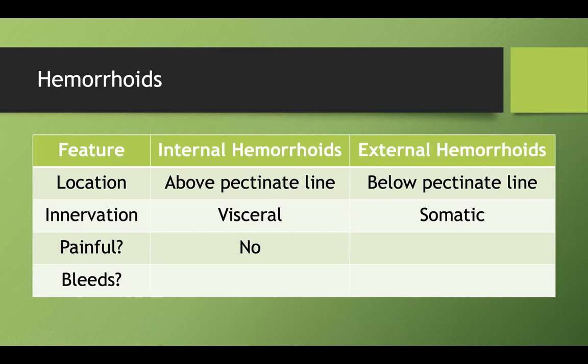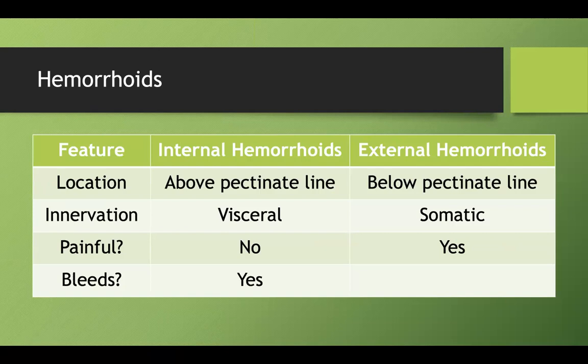You'll feel more of that broad diffuse pain. Whereas with somatic innervation, like if you pull a muscle in your body, you're going to have very sharp localizable pain. For that reason, an external hemorrhoid is often going to be very painful or itchy because you're going to have that somatic innervation telling you exactly where it's hurting.